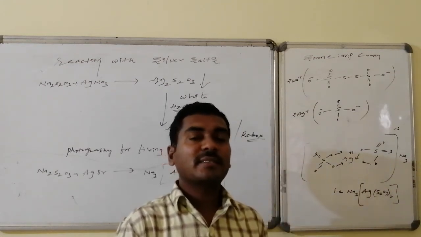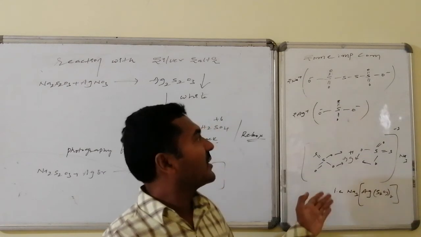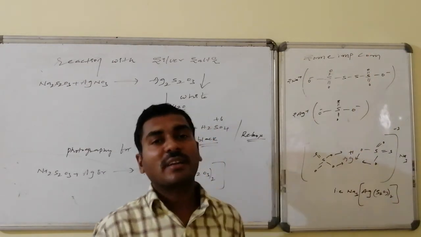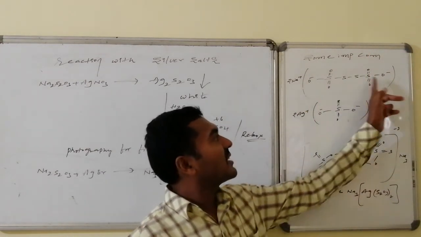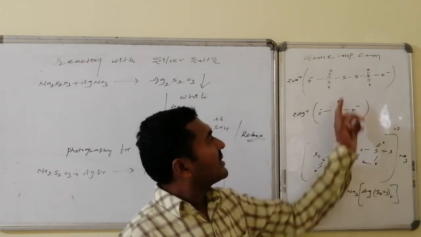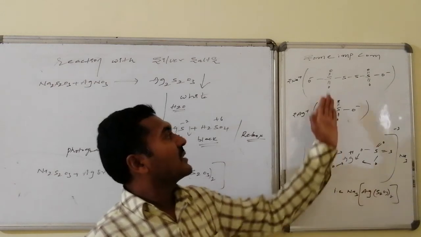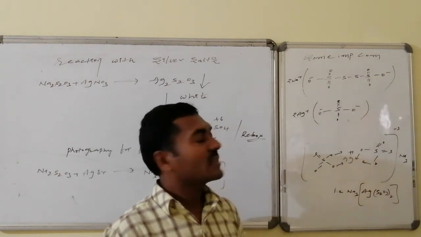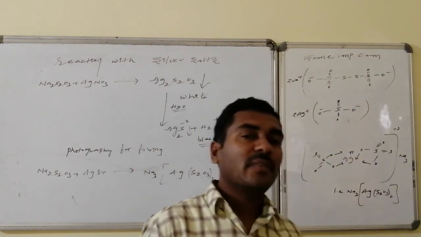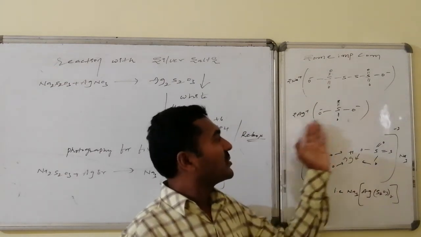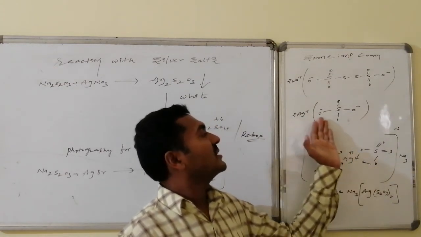Especially the important structures in sodium thiosulfate related reactions are these. Sodium tetrathionate, Na2S4O6, has a structure like this, in which two sulfur atoms are present in between, with double bonds to oxygen on both sides. Next is silver thiosulfate, where two sodiums are replaced by two silvers, that is Ag2S2O3.